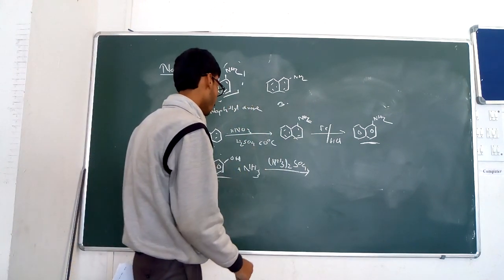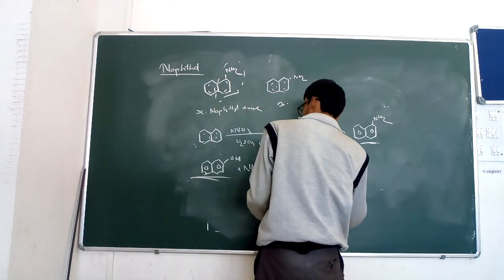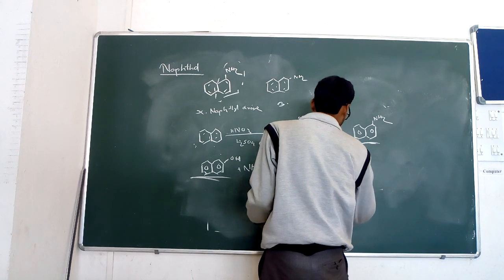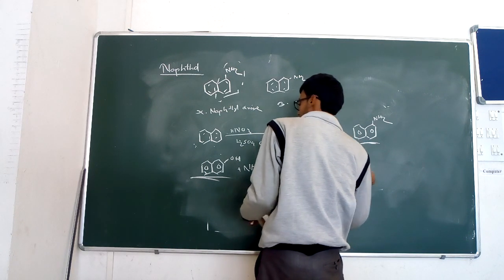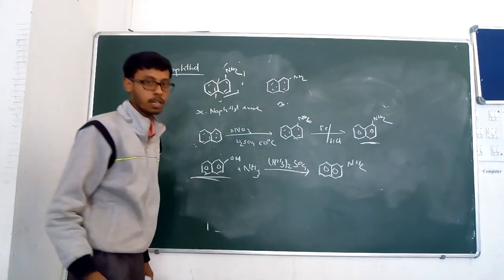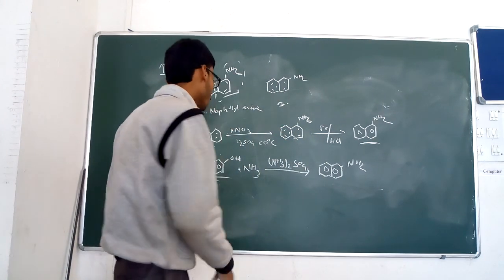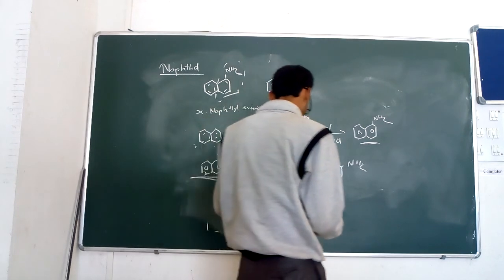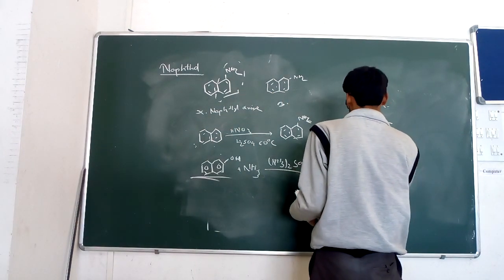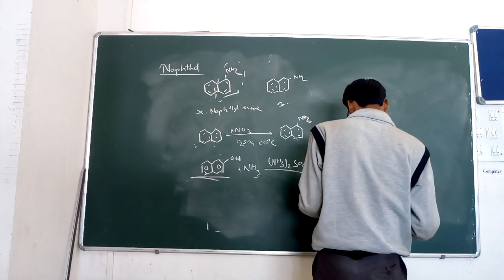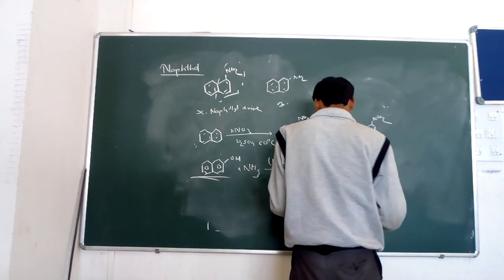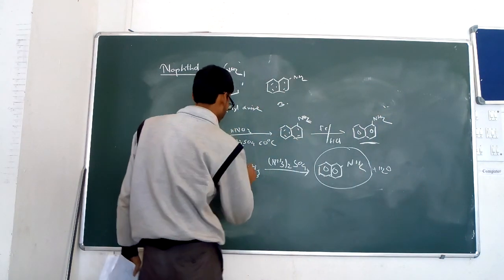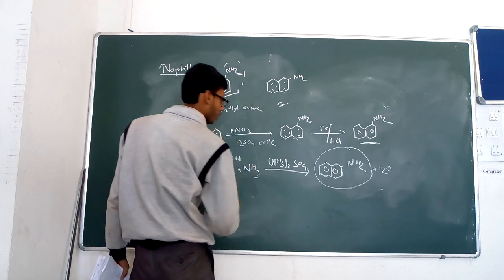forms the naphthylamine: where the starting material is beta naphthol, it gives beta naphthylamine, and when the starting material is alpha naphthol, it gives alpha naphthylamine, by the removal of a water molecule.